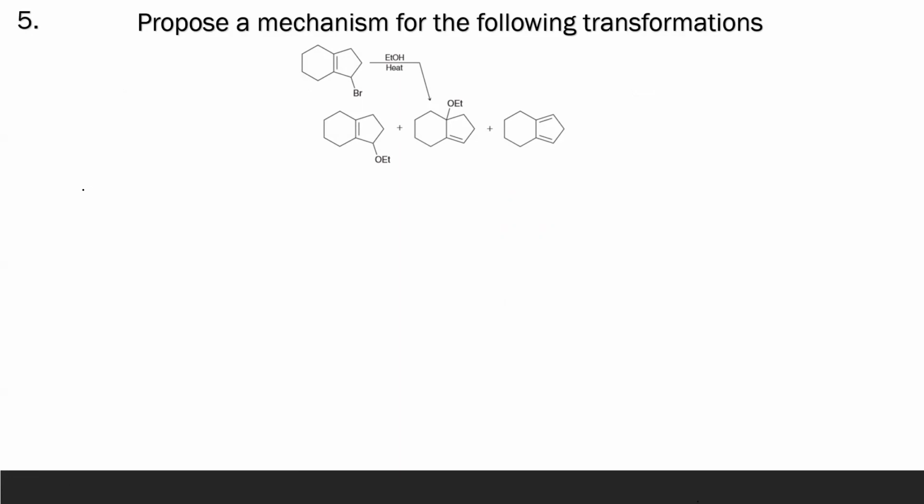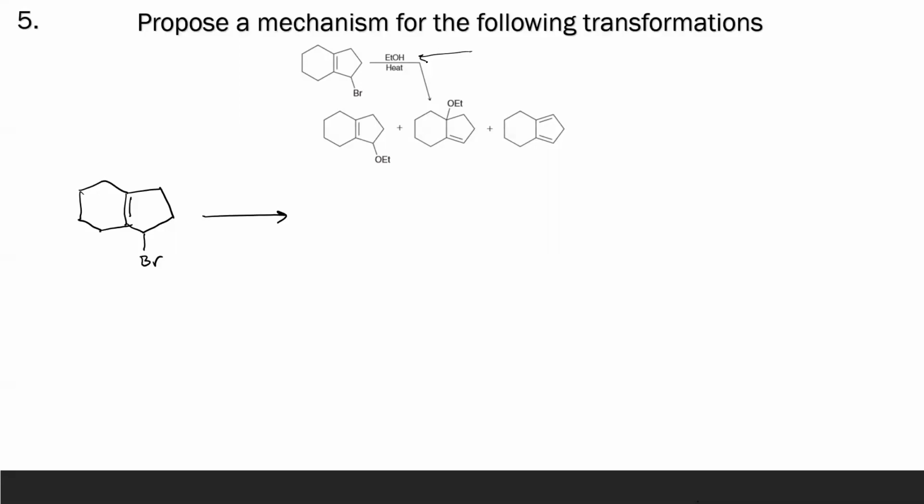Okay. So first, we have something like this. We're treating it with ethanol and heat. So this is going to be your SN1 E1 type process, because if you look at your reagent, it's not a strong base or strong nucleophile, it's a weak base.